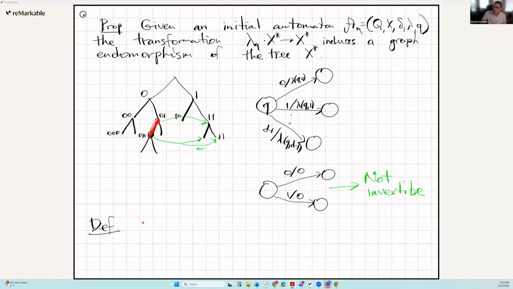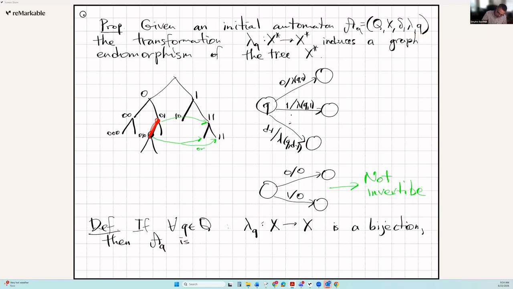An automaton is invertible if for every q in Q, we have that lambda_q, now I'm going to restrict it to X, is a bijection, then the automaton, in our case, is called invertible.